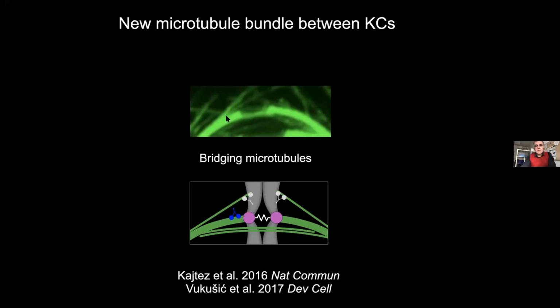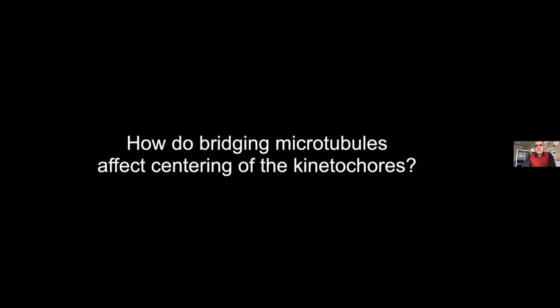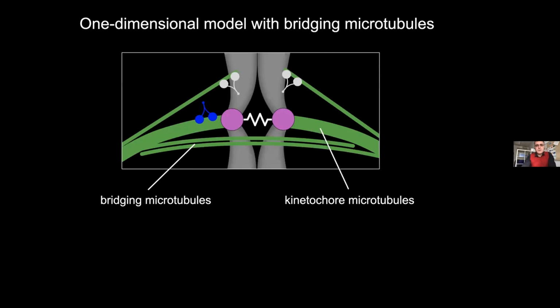And then in addition to these kinetochore microtubules, there are bridging microtubules that are extending and connecting these two kinetochore fibers from opposite sides. Here, they're drawn in a more schematic way. And I would like now to discuss how the bridging microtubules actually affect the centering of kinetochores.